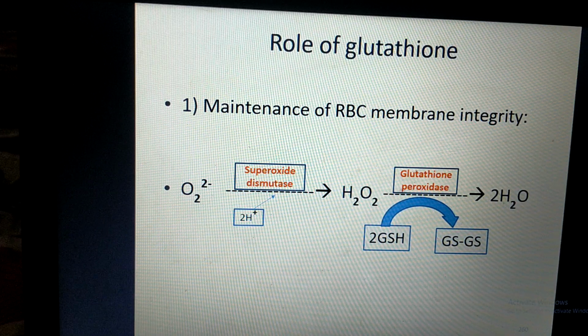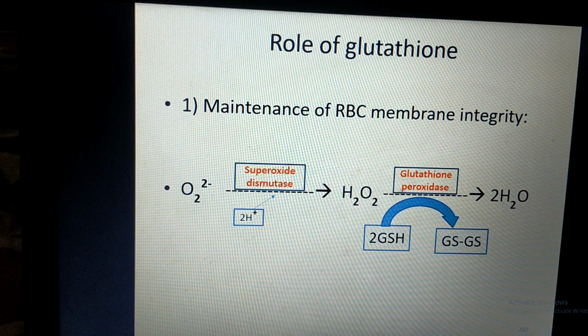This hydrogen peroxide is converted into water by adding two more hydrogen atoms from reduced glutathione, by the enzyme glutathione peroxidase. So in this way, the hydrogen peroxide is removed from the RBCs.